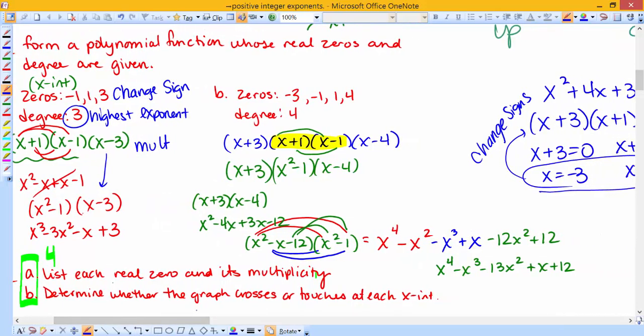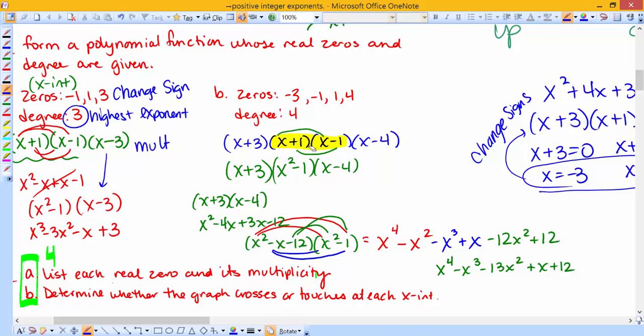The difference in B is that you do have 4 factors. So you're going to have 4 sets of parentheses. It does not matter the order in which you guys multiply. Pick 2, multiply them. Take the other 2, multiply them. And then take those and multiply them together. That is completely up to you.